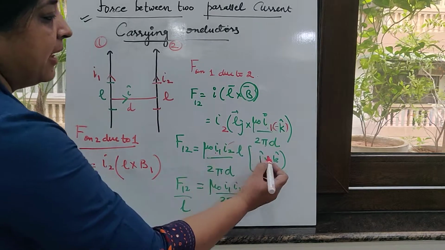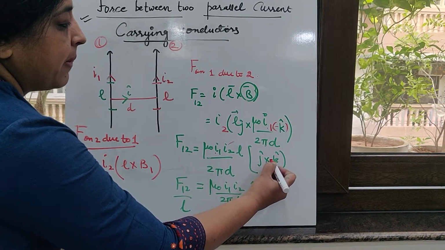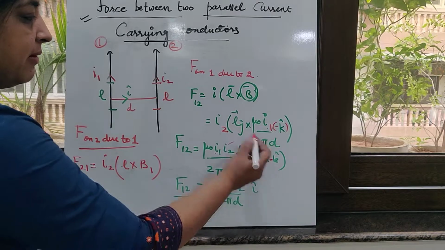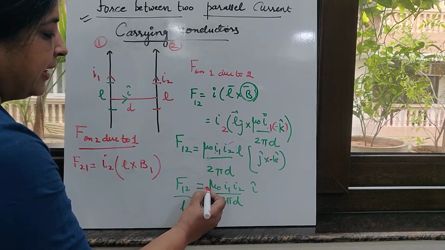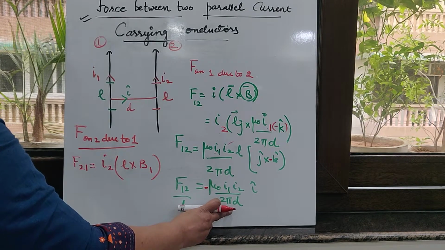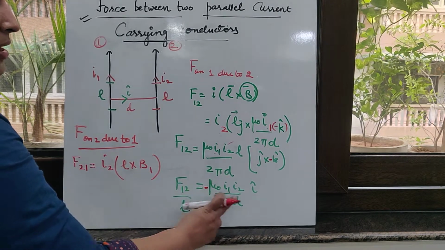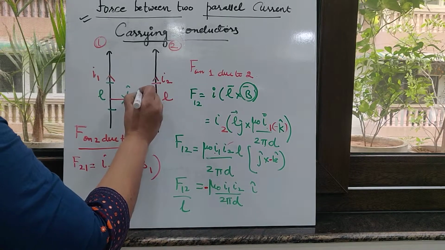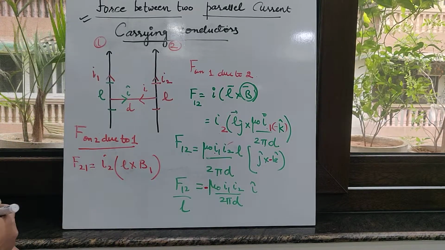There is a negative sign, so I will write the negative sign here, and for this expression, I will write a negative sign here. Now I have the magnitude the same as the previous one, but now the direction is minus I, which means in the negative x direction.